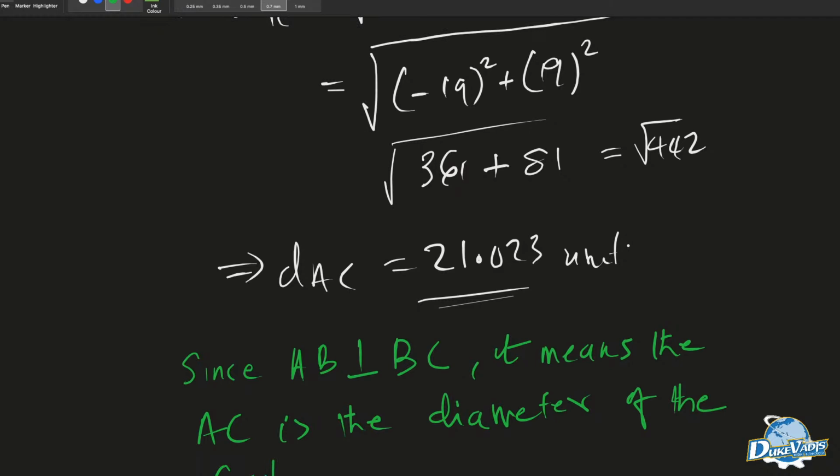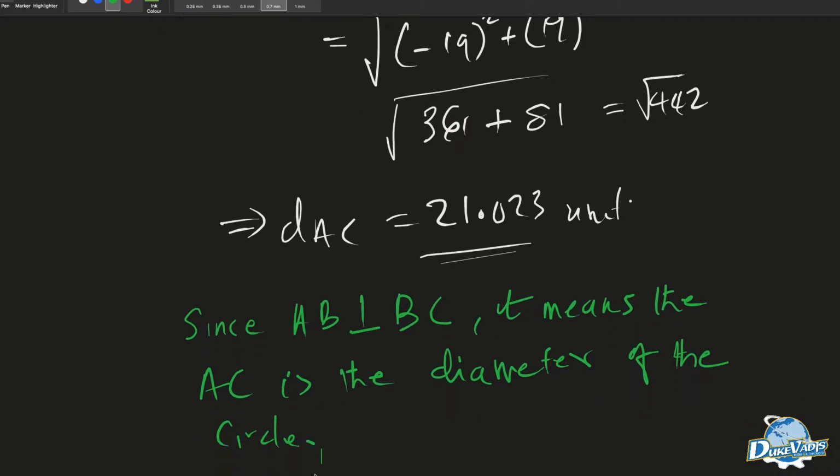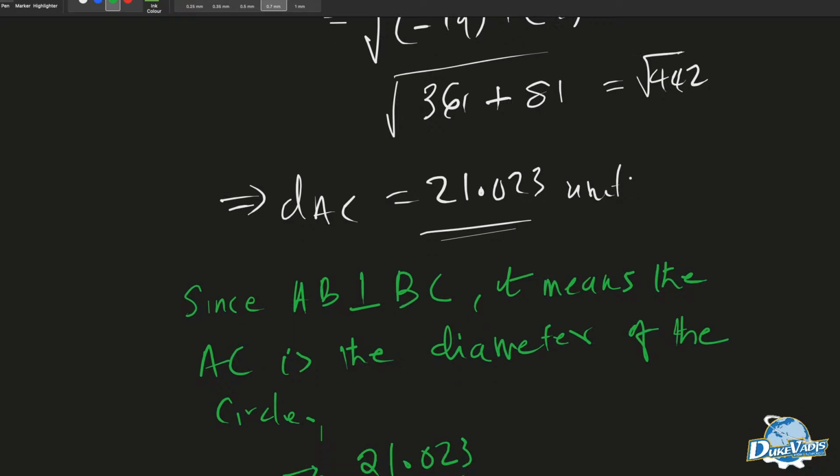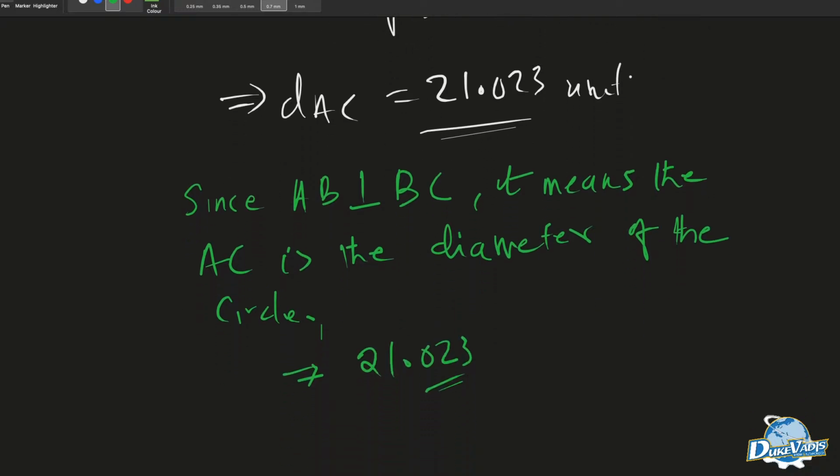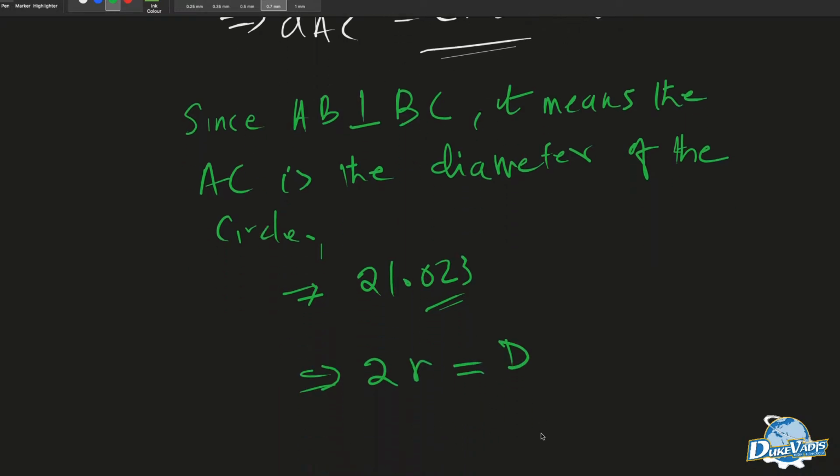Okay, now we know the diameter to be 21.023. Now, if that is the case, we know 2 times the radius is always given as the diameter. So when we put this equation into use, we say 2r is equal to 21.023.